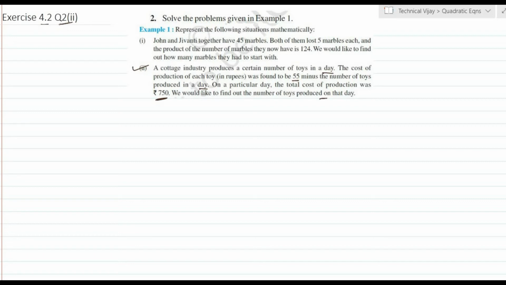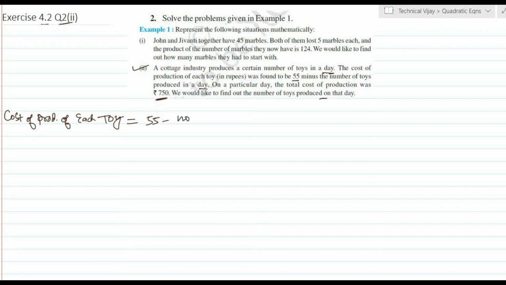Here a cottage industry produces a certain number of toys in a day. One industry is there, it will produce some toys in a day. The cost of production of each toy, for one toy, they are telling, was found to be 55 minus the number of toys produced in a day.